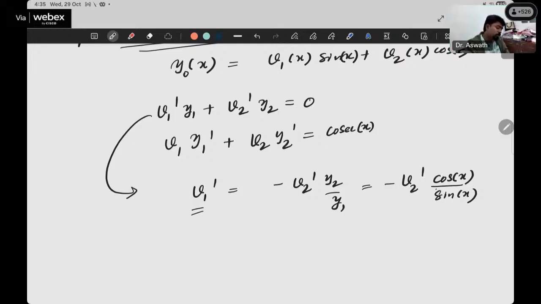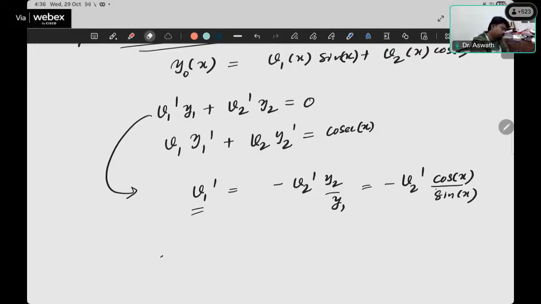So v1 prime I know in terms of v2 prime. Now I want to know v2 prime, so let's substitute back into the old equation.